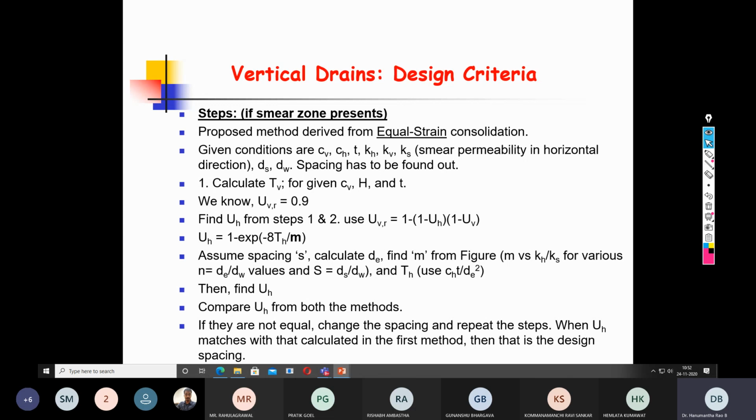In terms of the equations, there is almost no change. So this is all about the sand drain technology. If you wish to ask any question, you are most welcome.